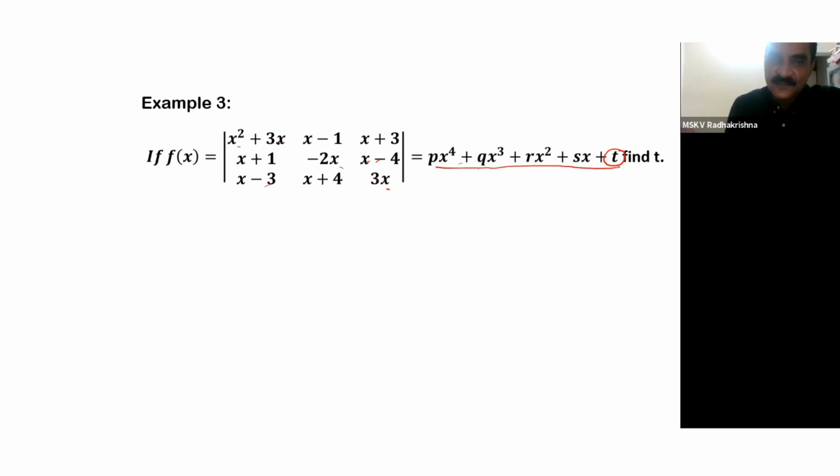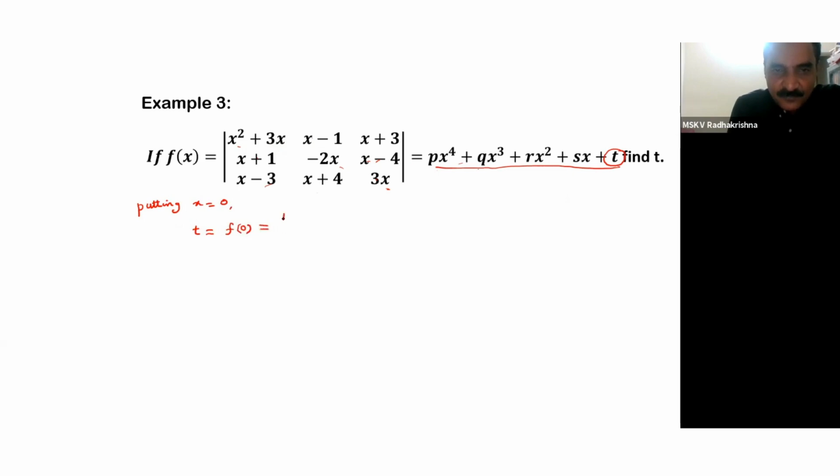So by substituting x is equal to 0 in the left hand side, you must get the value of t. Okay. So putting x is equal to 0, t is equal to f of 0.